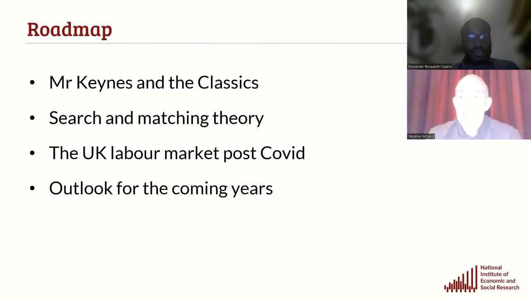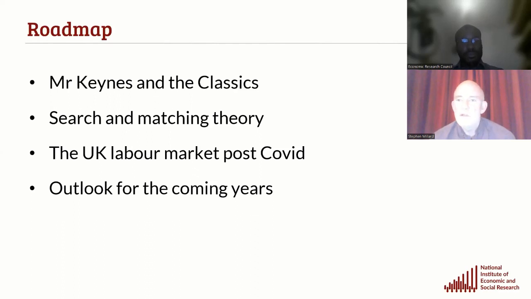So this is the roadmap for today. I'm going to start with the theory of unemployment as it was in the 1920s and 30s. I've made a little pun here: Mr. Keynes and the Classics is a very famous economics paper from the 1930s, and the start of my talk will be a summary of the views in that paper.